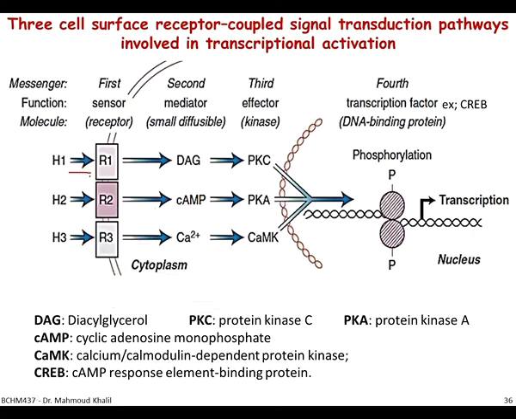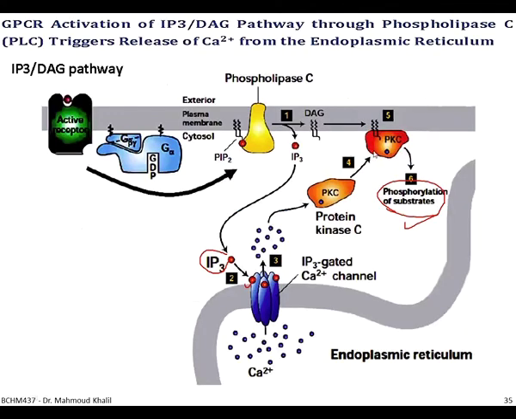And each hormone, once it's bound with its specific receptor, will activate a certain molecule. In this case, it will activate calcium, cyclic AMP, or diacylglycerol, and these are considered to be the second messengers. Once this is activated, the diacylglycerol, as you can see, will activate PKC. This one is diacylglycerol.